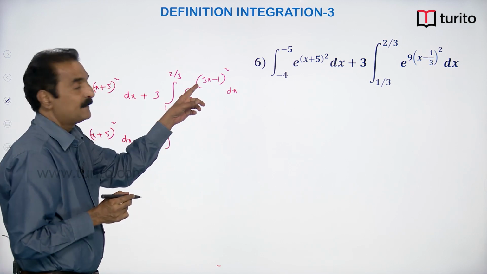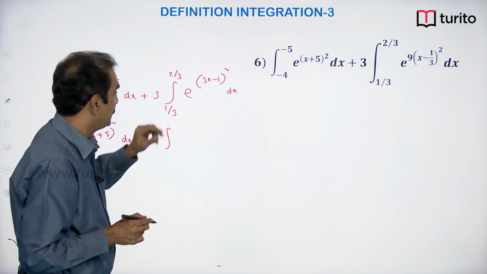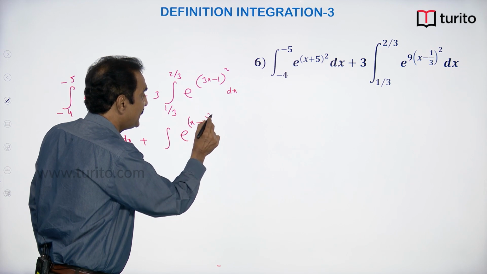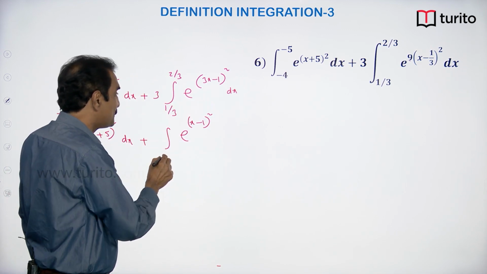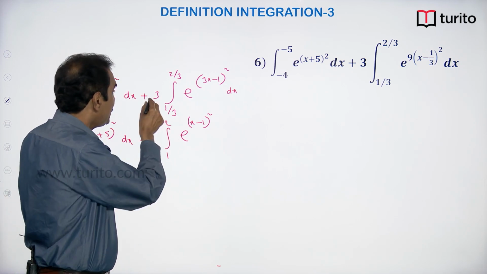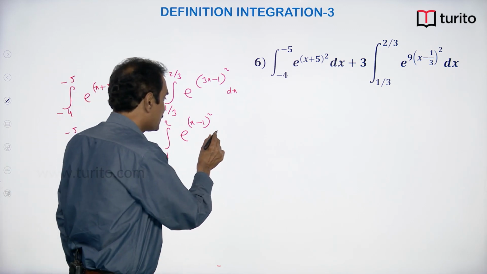If you want to divide x by 3 to make it x, if you want to write as x minus 1 whole square, I have divided x by 3, then I should multiply the limits by 3, so limits will be 1 to 2. Divide the integral by 3, then this 3 will go, dx.